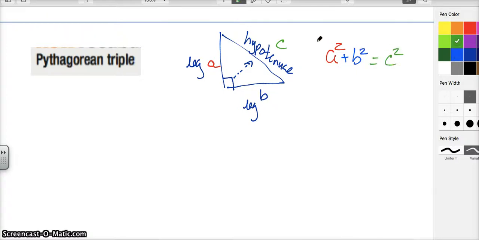I know you've seen it before, but I think it's necessary to review it in talking about Pythagorean triples. Pythagorean triples are integers that fit this mold.